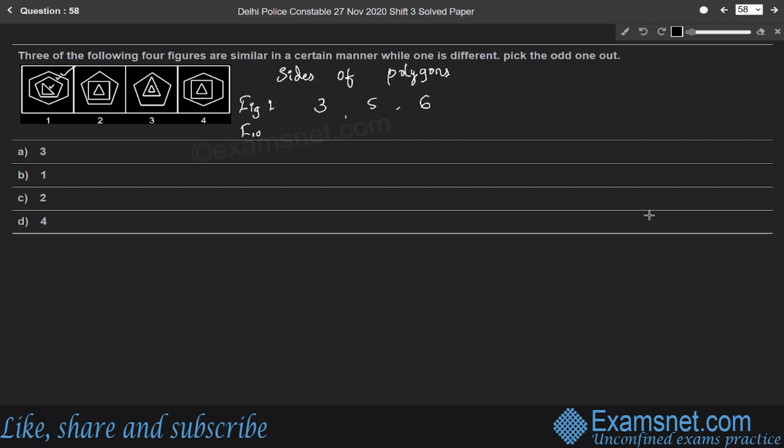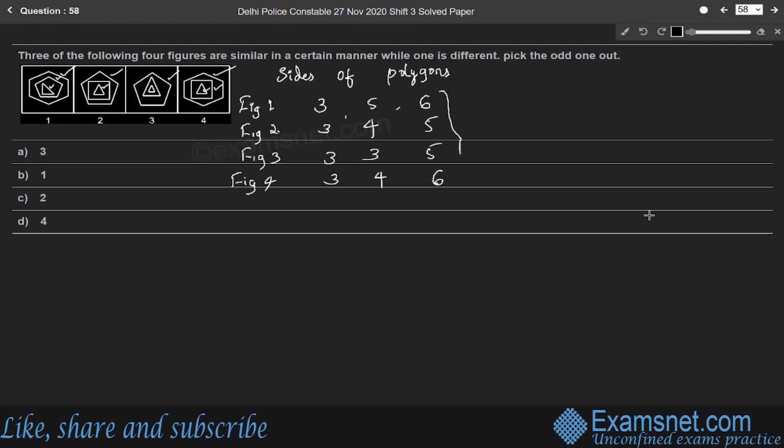So in figure 2, a triangle 3 sides and a square 4 sides and a pentagon, 3, 4, 5. So in figure 3, a triangle and one more triangle, and next is a pentagon. So in figure 4, a triangle and next is a square which has 4 sides and a hexagon which has 6 sides.